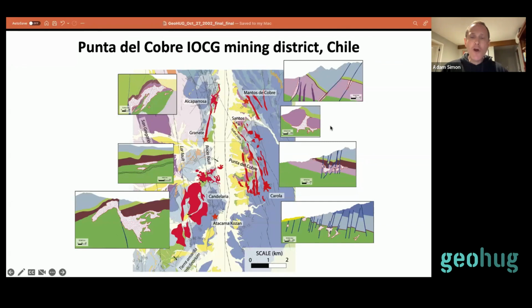If you look at the schematic cross sections on the right side, on the east side of the district, you can see that in the majority of these deposits, mineralization is more restricted to the plane of the fault that was the ore fluid conduit. So it's clear that fault structures are incredibly important as the fluid conduits for hypogene fluids. And it's also clear that porosity and permeability of the hanging wall and footwall plays a determinant role in the style of mineralization, whether it's disseminated or fault bound.